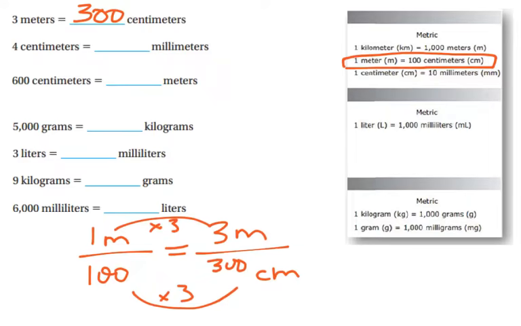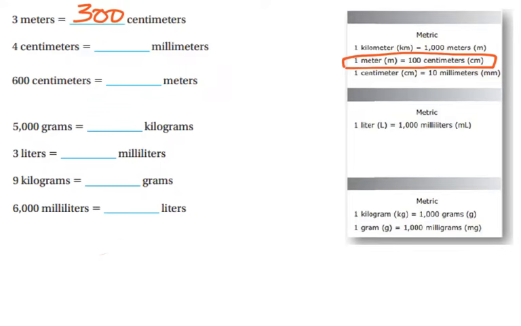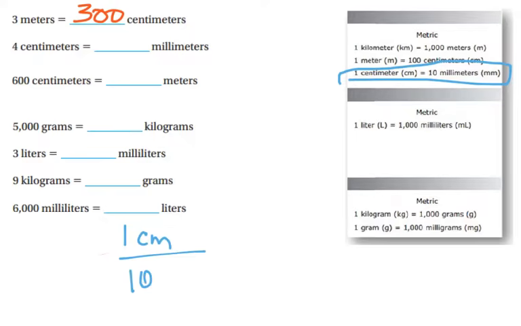Okay, we're going to do 2 more together, and then I'm going to see if you can do the next ones on your own. Okay, now I'm going from centimeters to millimeters. I am going to come over here and look at my chart, and look right here, centimeters and millimeters. 1 centimeter is the same thing as 10 millimeters, and they told me I have 4 centimeters, and I don't know how many millimeters I have.